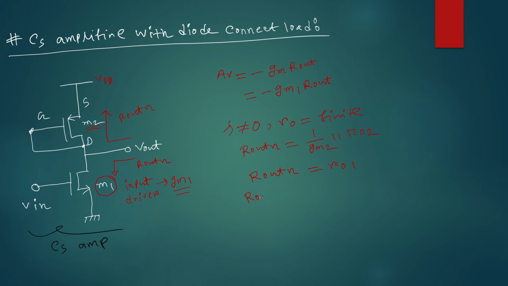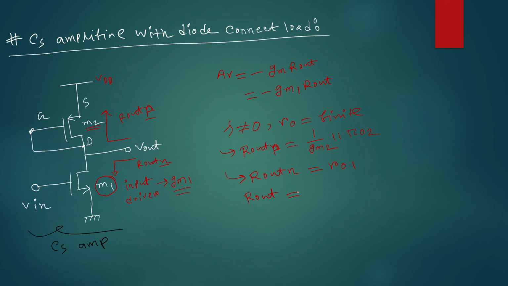So what is the total output resistance you feel? This is Rout P for PMOS, and this is for NMOS.